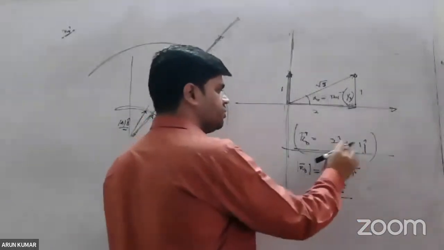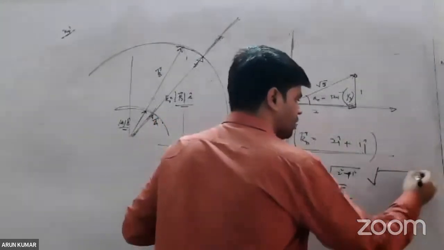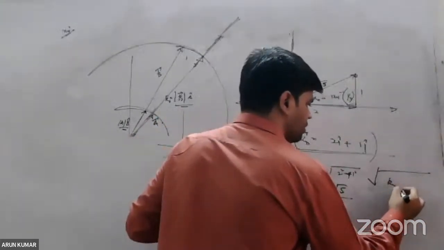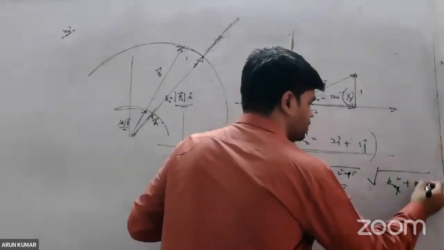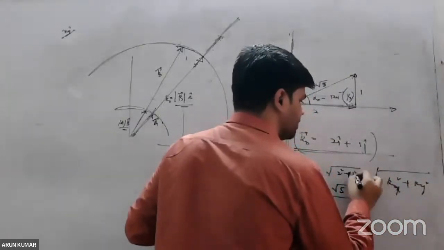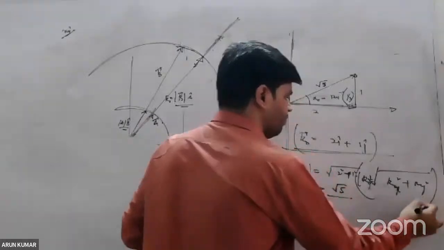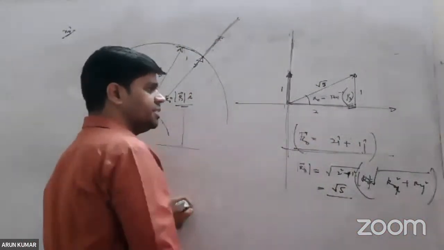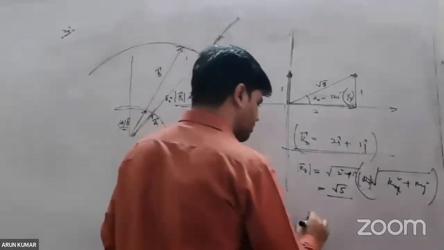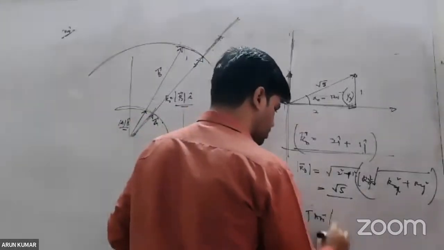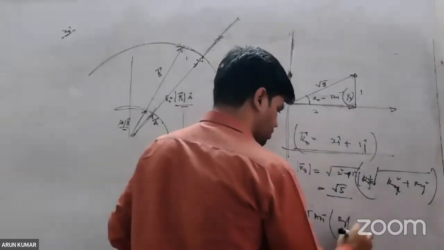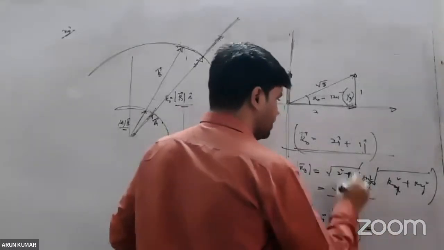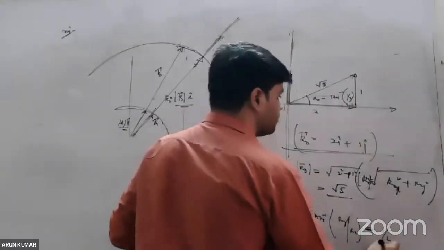Square root of Rx square plus Ry square is the magnitude of the resultant, root 5. Now the angle this makes with the x-axis is tan inverse of Ry by Rx, which is Ry is 1, Rx is 2. So tan inverse 1 by 2.